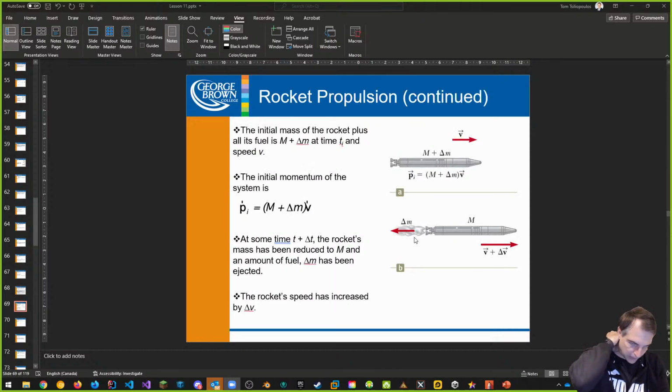So fuel is expelled, which means we have a delta mass, or a change in mass. And normally we've always been thinking about mass being the same, right? The reason rockets really work well is that when the fuel is expelled, we're using Newton's third law: for every action, there's an equal and opposite reaction.